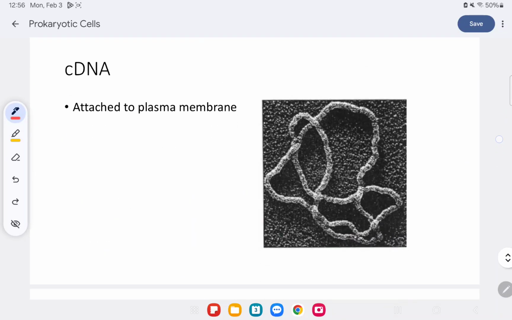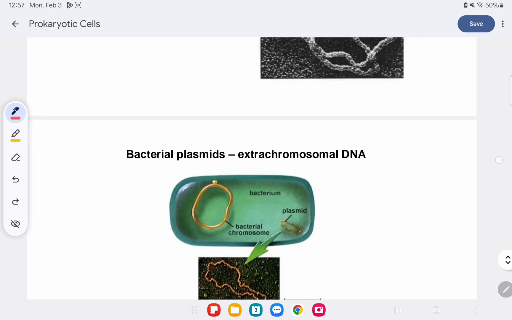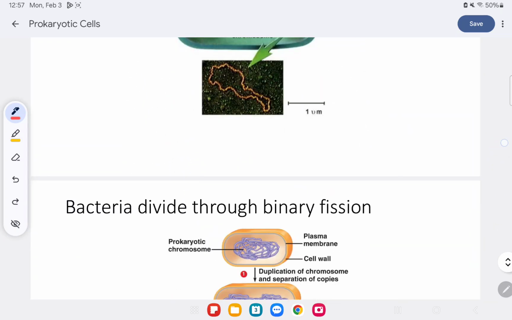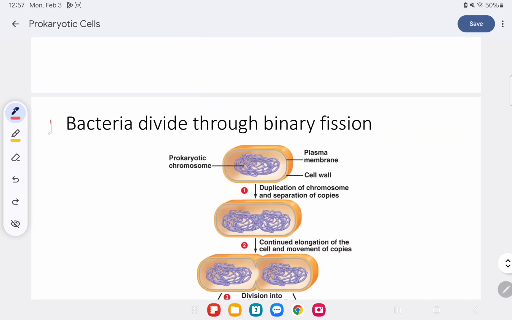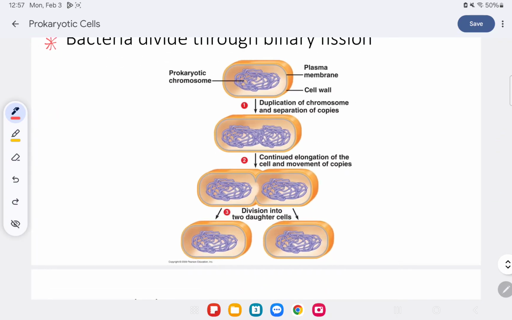When they divide through binary fission, very simple, they copy their DNA and then extend their wall, which means they need to make more of everything, more plasma membrane, more cell wall. So this is very anabolic, a lot of building, a lot of energy required to divide. And remember that lipid synthesis happens in the plasma membrane.